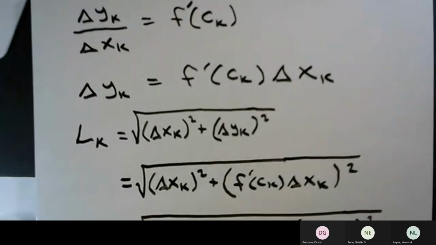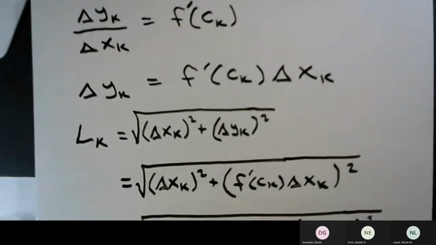And again, we could think of this for L: delta xk, delta yk.